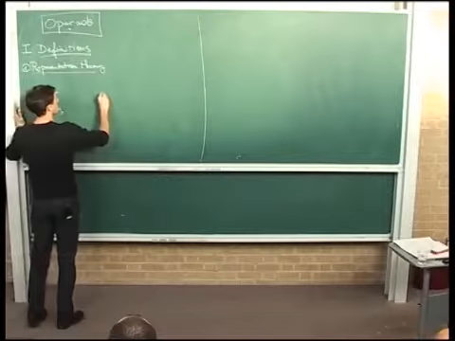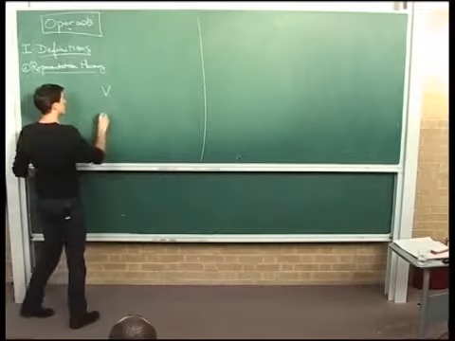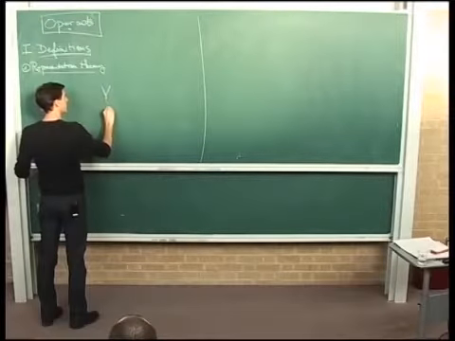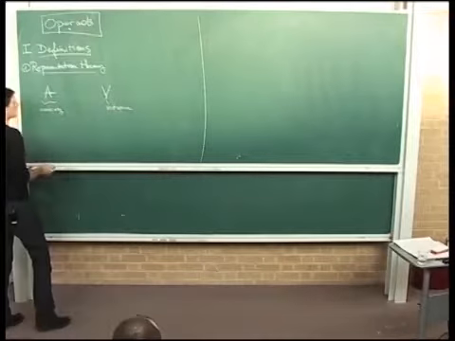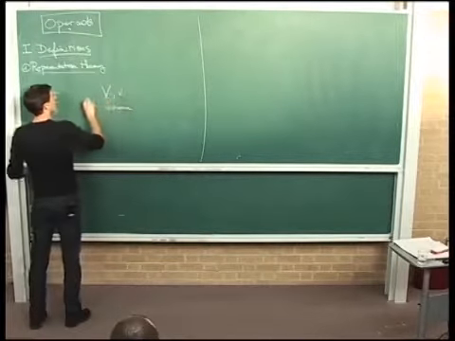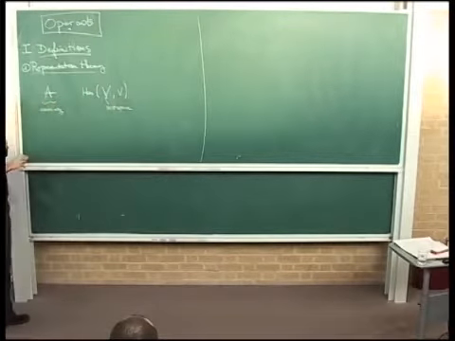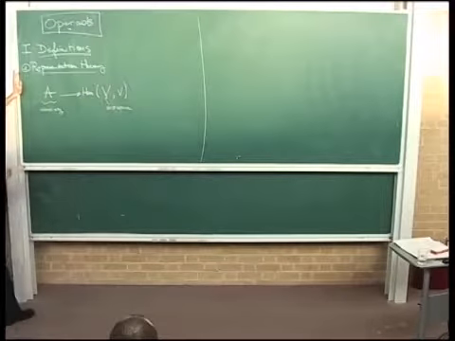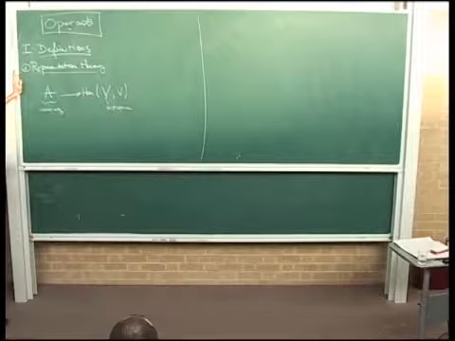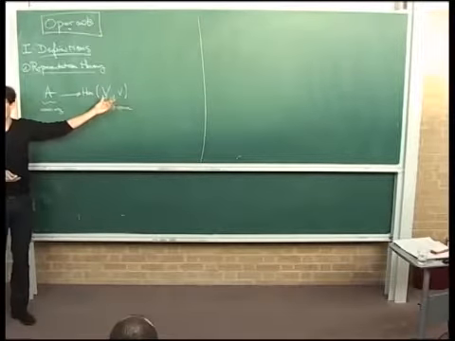And I take any vector space, V. I try to use almost all your notations. What can we look at? We can look at the possible actions of A on V. What does it mean? It means that we are looking for associative algebra maps from the associative algebra we have on the left-hand side to the obvious associative algebra we have on the right-hand side.